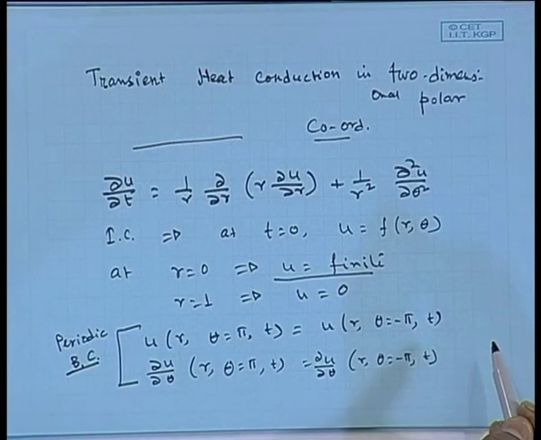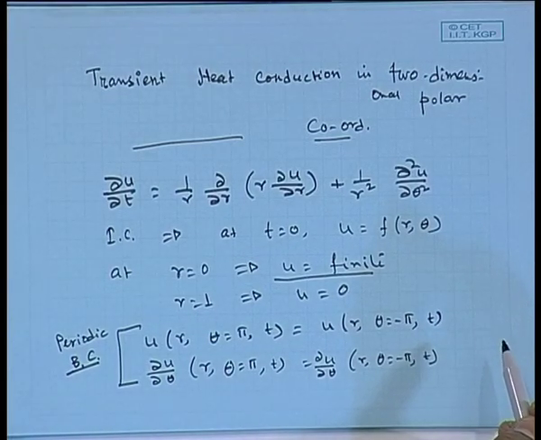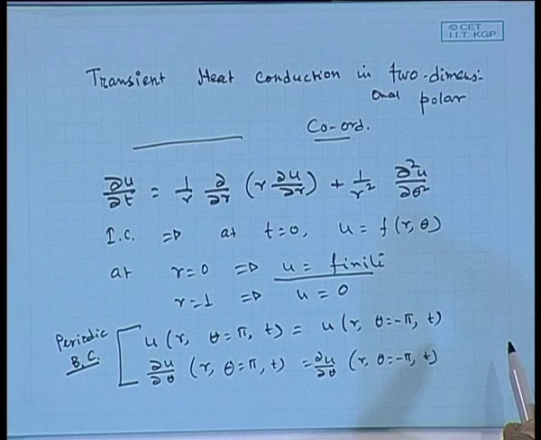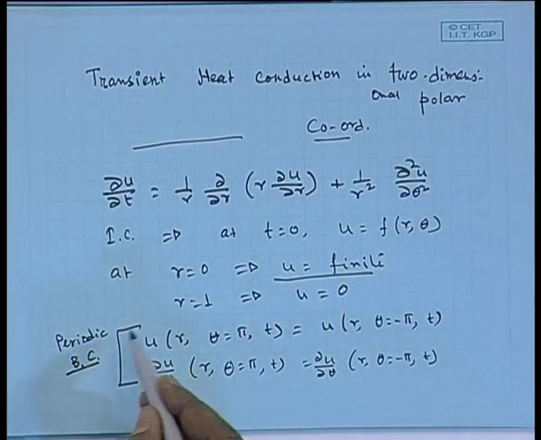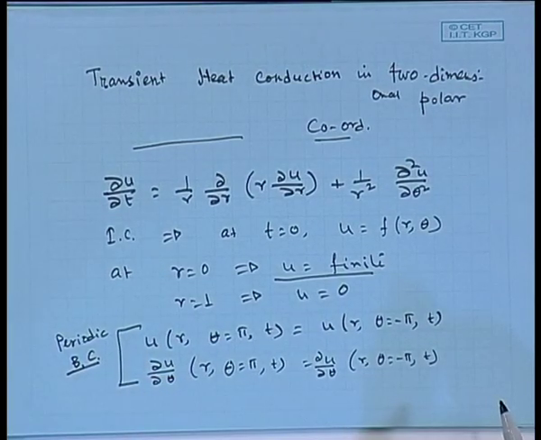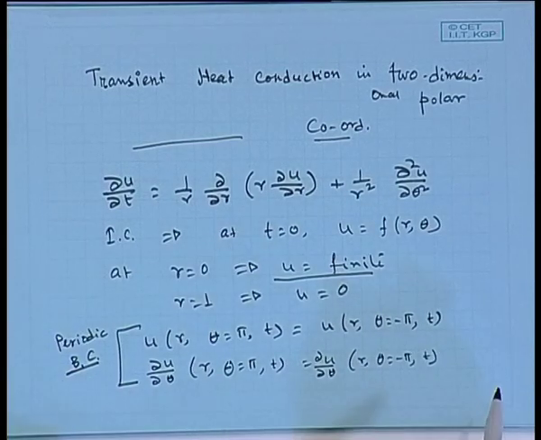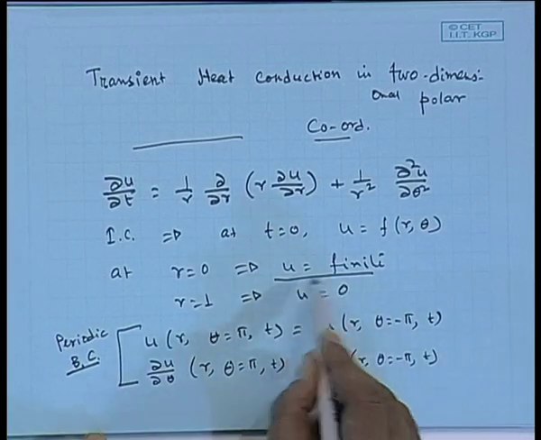Again, if someone is interested to know more about this, you can look into any advanced textbook on physics, where they have discussed several types of problems like this. Okay. So just for the time being, we take it as granted that these are the periodic boundary conditions, and they are coming purely from the physics of the problem, and they fall in the category of the physical boundary conditions like this.